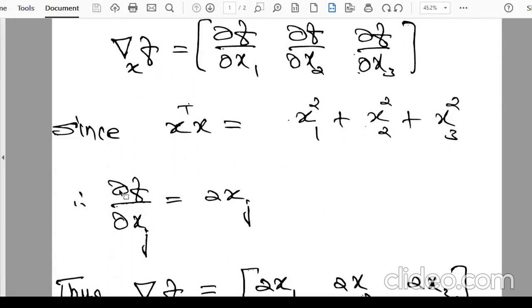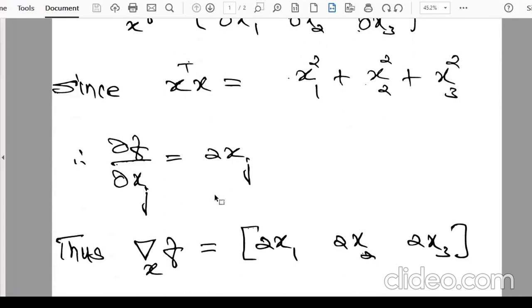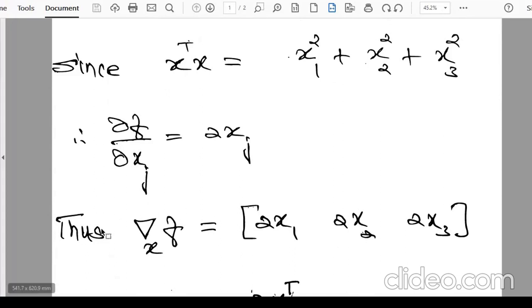In general this is written as: the partial derivative of f with respect to xj is equal to 2xj. Since I have calculated all of these values and put them into one row matrix, the gradient of f with respect to x is 2x1, the first component, 2x2, the second component, 2x3, the third component.